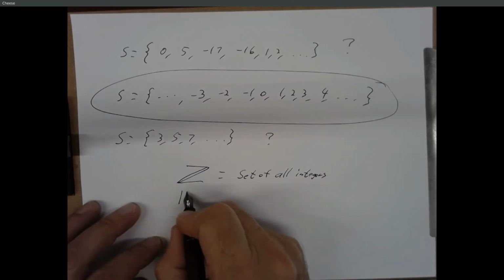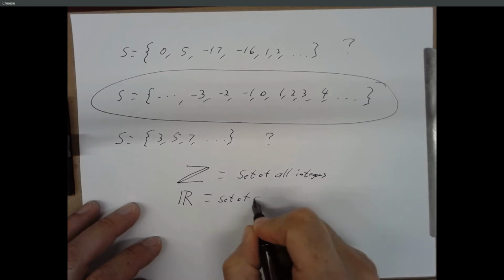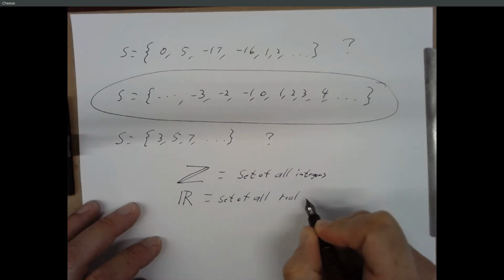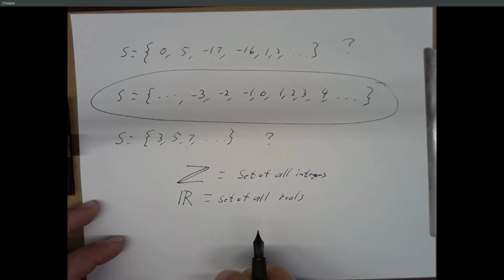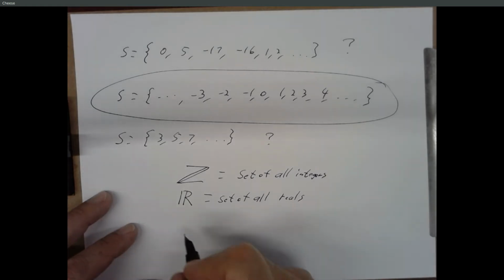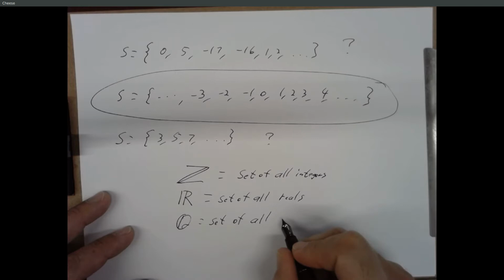And this funny R with a double line, this is the set of all reals. So the numbers we usually deal with in, say, a calculus class.